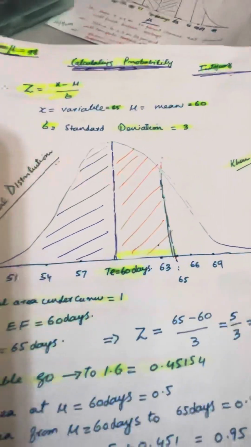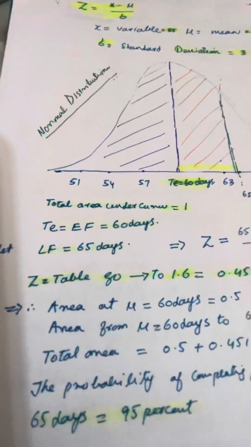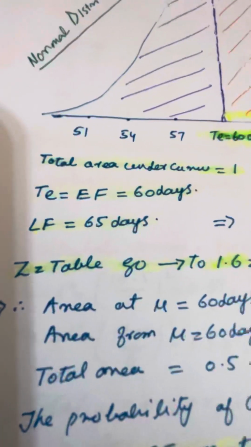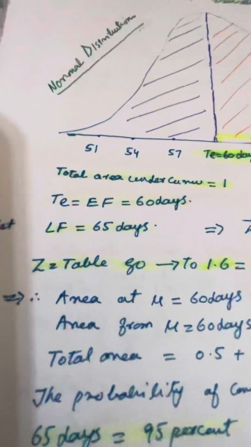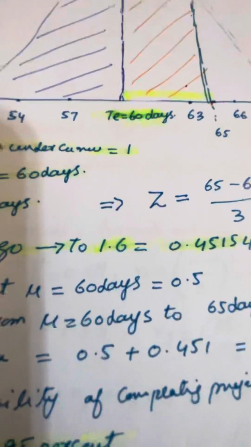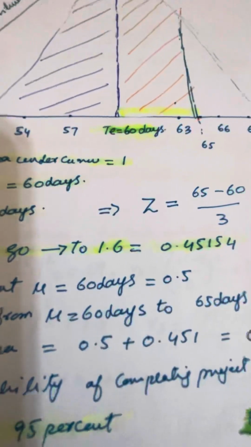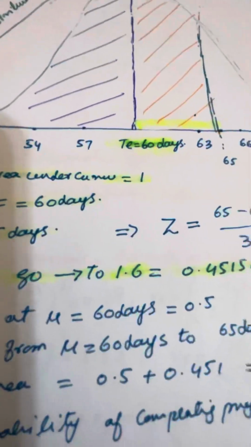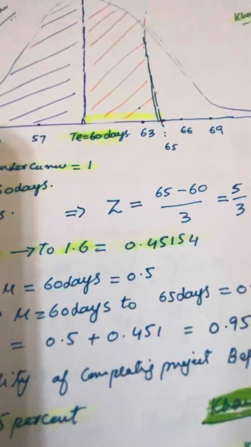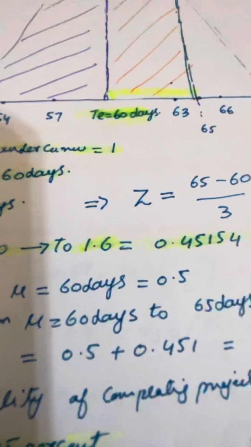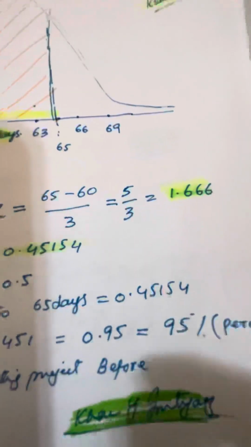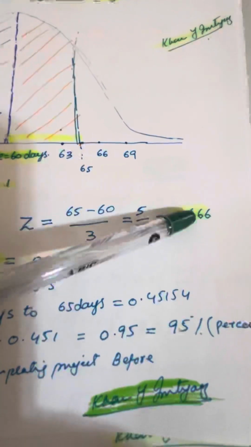So what you do is go to the z table for normal distribution online, or in a statistics book, and go down to 1.6, starting from 1. Then from 1.6 you go right all the way to 0.06, because here it is 1.66.